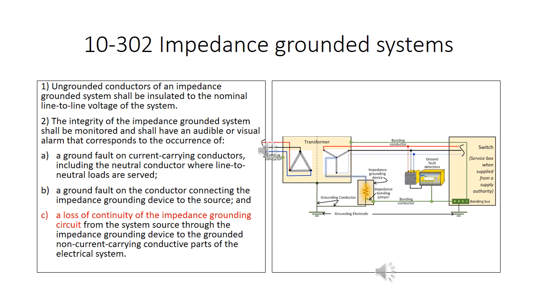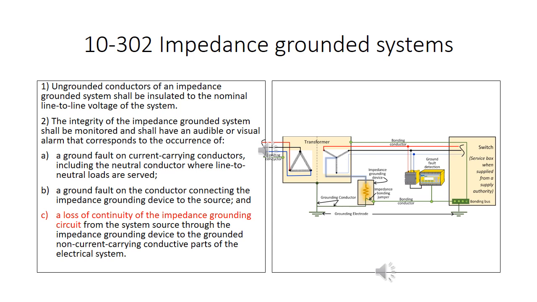The integrity of the impedance grounded system shall be monitored and shall have an audible and visual alarm that corresponds to the occurrence of: a) a ground fault on current-carrying conductors, including the neutral conductor where line-to-neutral loads are served; b) a ground fault on the conductor connecting the impedance grounding device to the source; and c) a loss of continuity on the impedance grounding circuit from the system source through the impedance grounding device to the grounded non-current-carrying conductive parts of the electrical system.